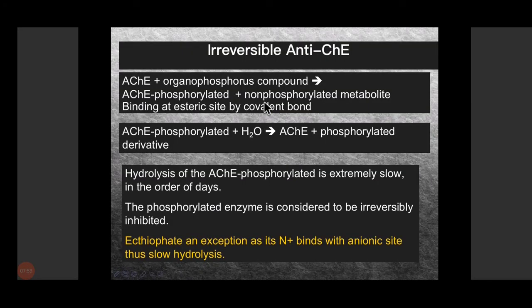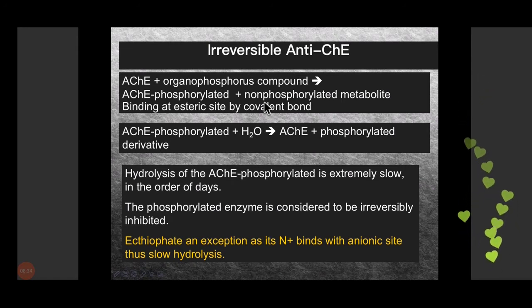Now, this was about the reversible anticholinesterases. Now, let's talk about the irreversible anticholinesterases. These are, as I told you, mainly the organophosphorus compounds. Acetylcholinesterase will bind to organophosphorus compounds, and this binding, as you understand, is irreversible.